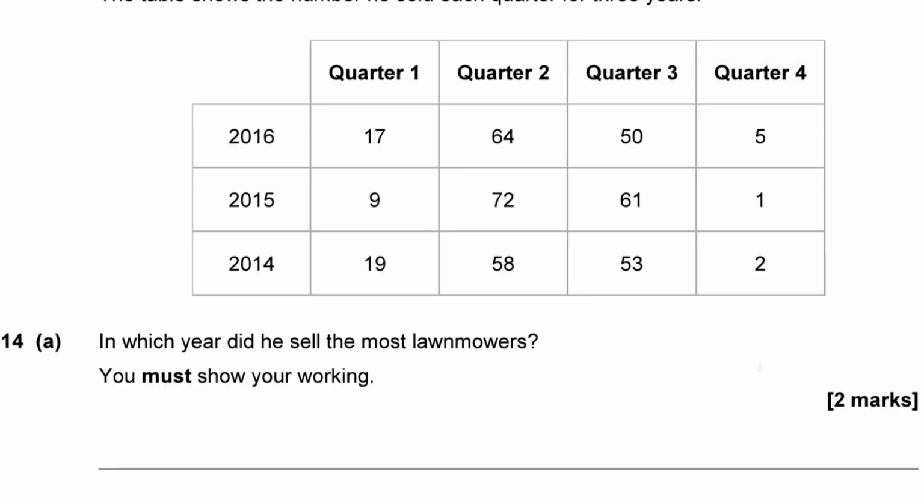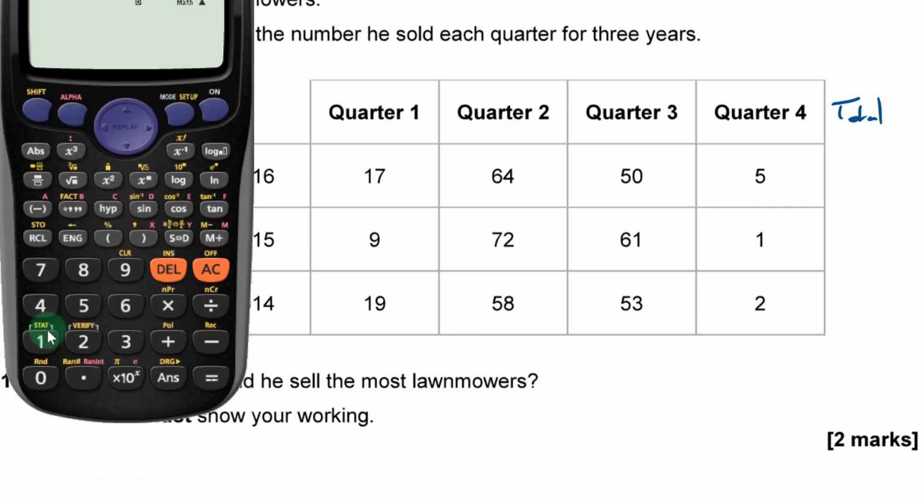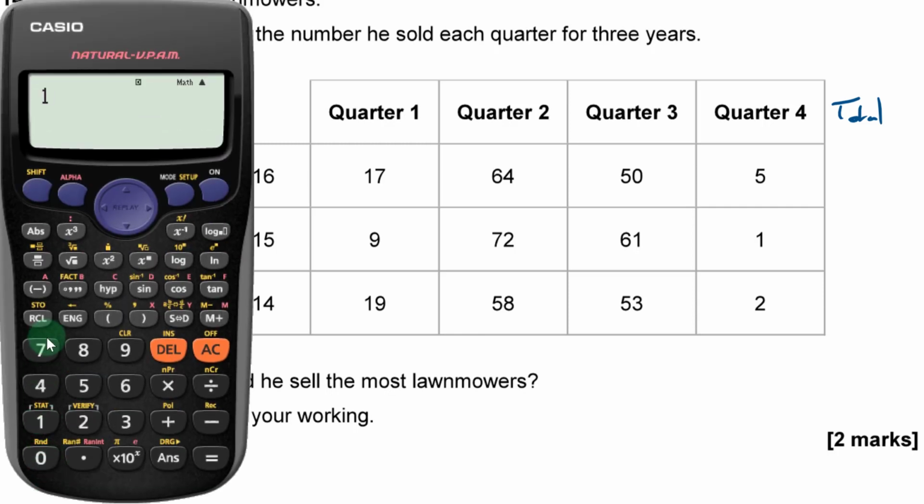Now, to work that out, I need to total these up, don't I? I'm just going to create a total column on the end. Okay, and then so 17, 64, 50 and 5. I think it's easiest just to tap these into a calculator nice and quickly. So 17 plus 64 plus 50 plus 5, what does that come to? That's 136.